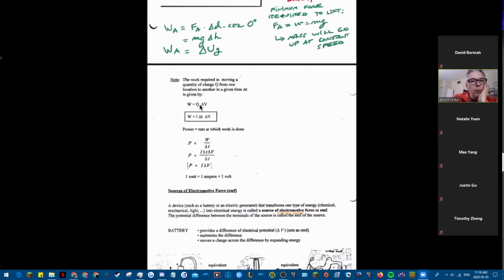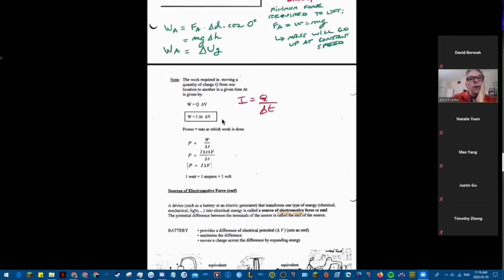Now remember Q, we can express this in terms of current, remember? All right, so if you express Q in terms of I and delta T, this is what you get.